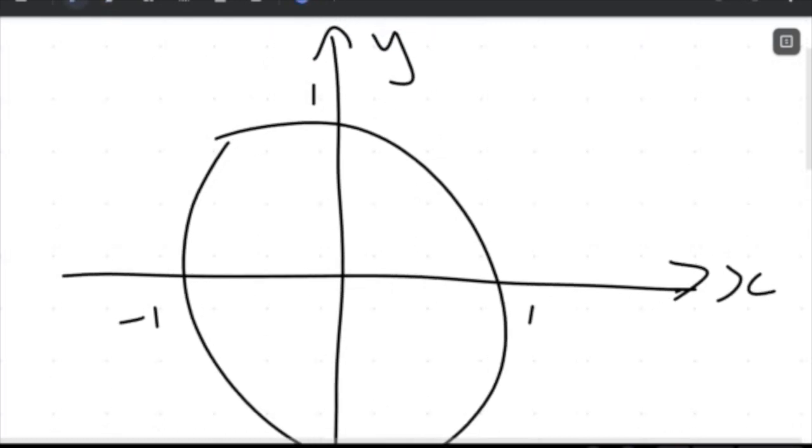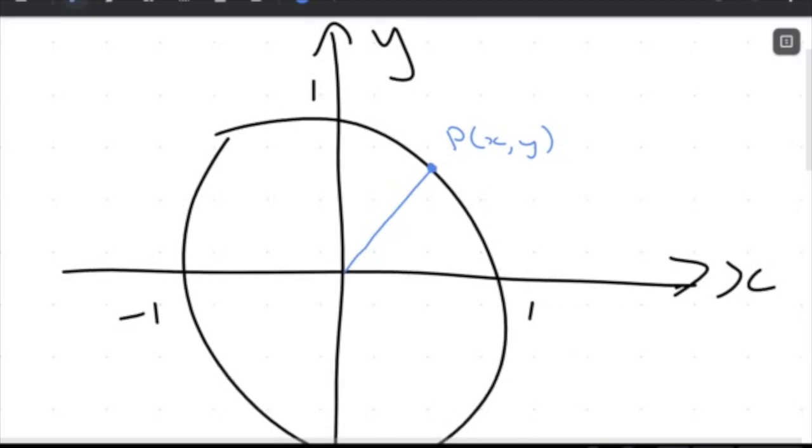Now, just for a little refresher on what we talked about in the videos from a while back, say I pick an arbitrary point which has coordinates of x and y, we can express these in terms of trigonometry.